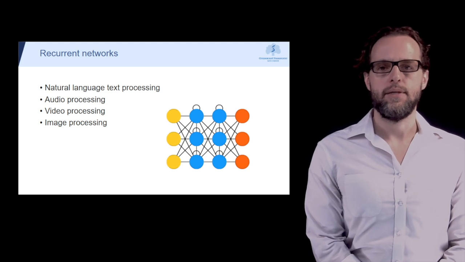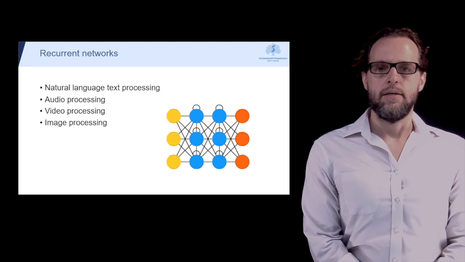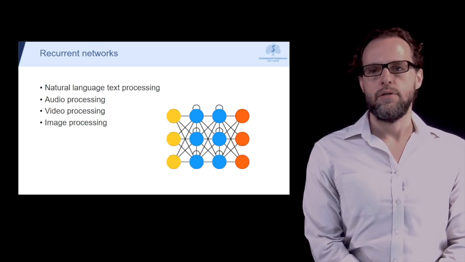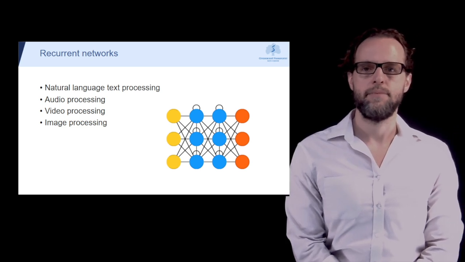RNNs are used when it's important to maintain consistency. The order of incoming objects is important here.